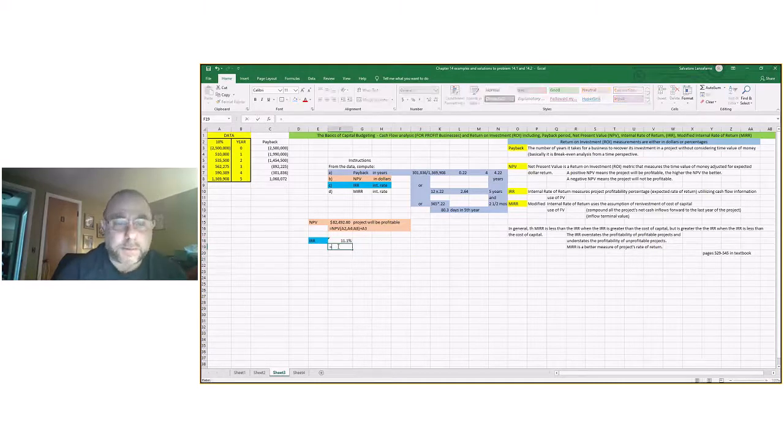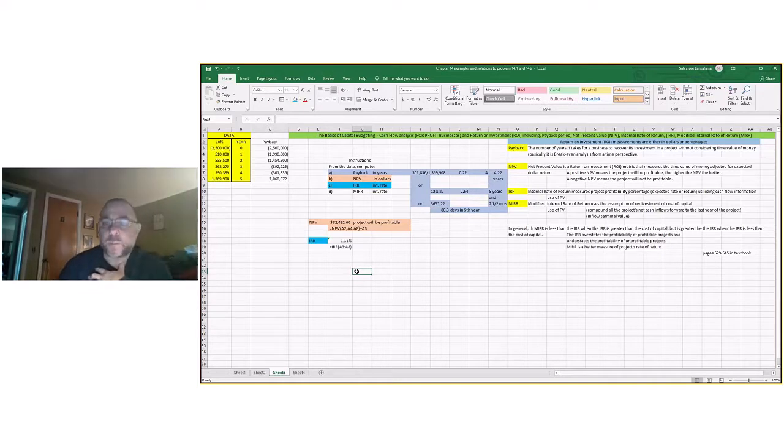So how did I get that? I hit equals, IRR, I opened the parentheses, and then I basically went A3 all the way to A8. And just in case you don't believe me, there it is again up there, equals IRR A3 colon A8. And I got 11.1%.